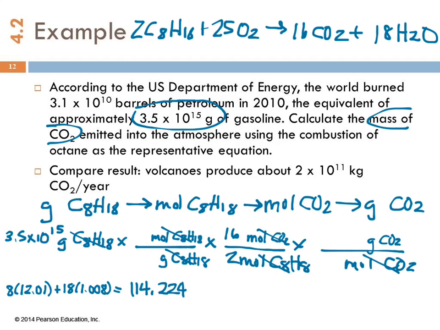Let's just think about significant figures real quick. What's probably going to limit the number of significant figures in our answer? The grams of gasoline. Because this only has 2 sig figs. Okay? So if I rounded this to 4 significant figures, I would still have 2 digits more than I need, right?